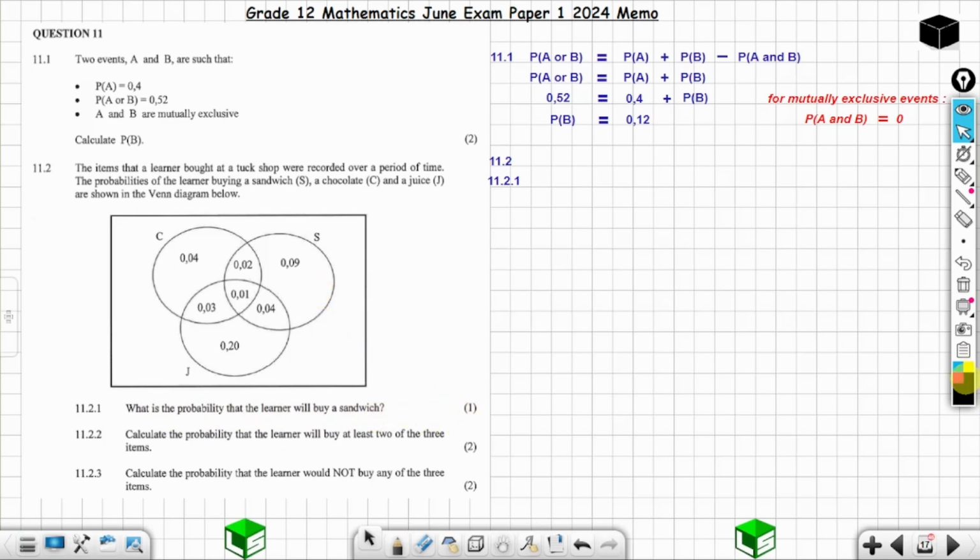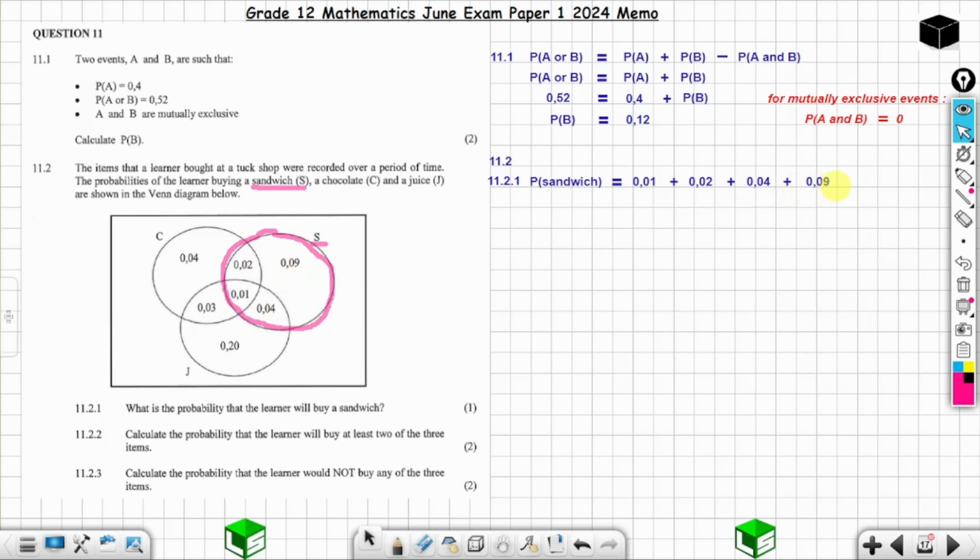So for the probability of a sandwich, you are going to take everything inside this circle, a sandwich S. So the probability is equal to 0.01 plus 0.02 plus 0.04 plus 0.09.